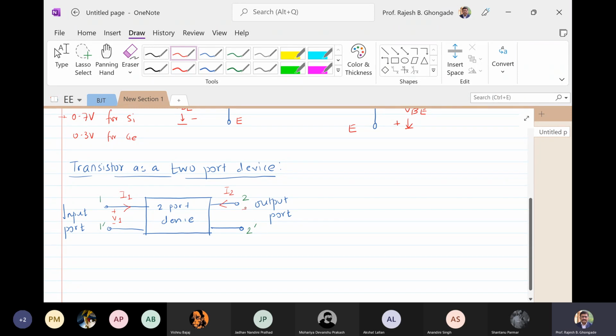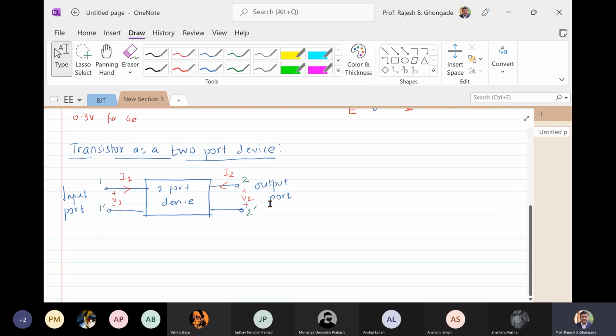Now the polarities are arbitrary for the time being. This we call V2. Please remember this properly. Look at this situation here. Common sense says that for an output port the current should flow in this other direction, right? Not necessary. Even if it flows in the opposite direction, that is, flows out of this port, I simply have the reversal of the polarity.